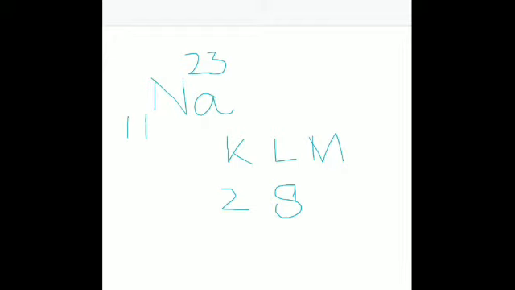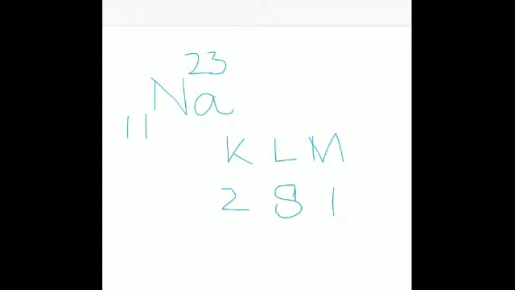Now you can subtract this 10 from the atomic number 11, which signifies the number of electrons. That leaves 1. So when we know the number of electrons, we can easily find the electronic configuration. The electronic configuration of sodium is 2, 8 and 1. Is it clear?